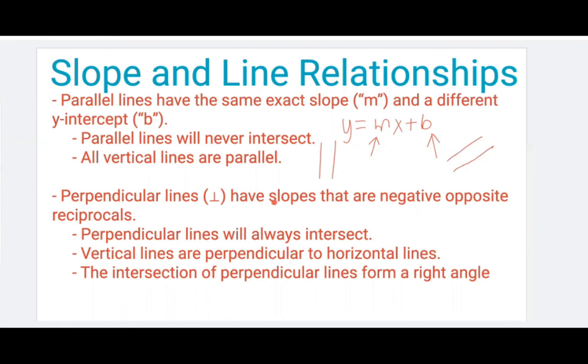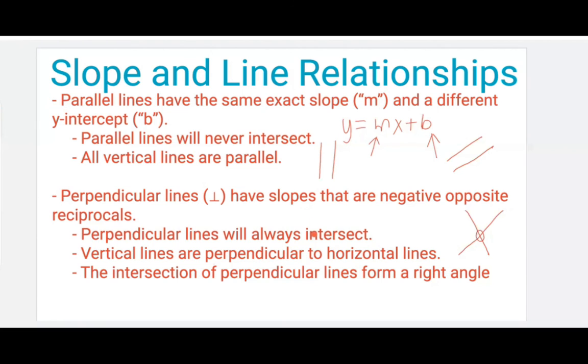Perpendicular lines will have slopes that are negative opposite reciprocals, meaning your slopes will have opposite signs, positive and negative, and will always be reciprocals, or the flipped versions of one another. Perpendicular lines will always meet or intersect at some point, for example, like here.